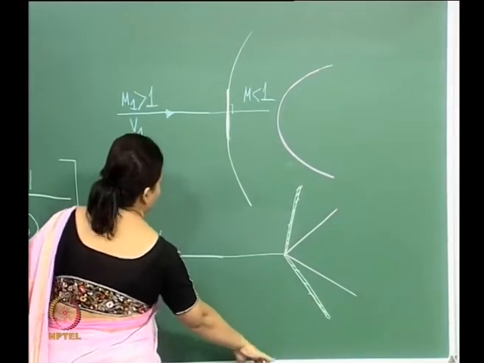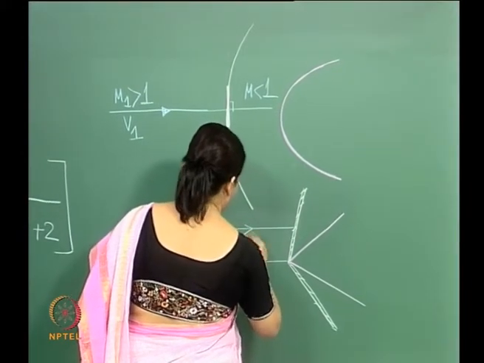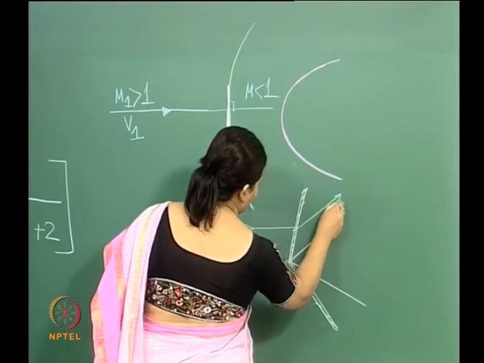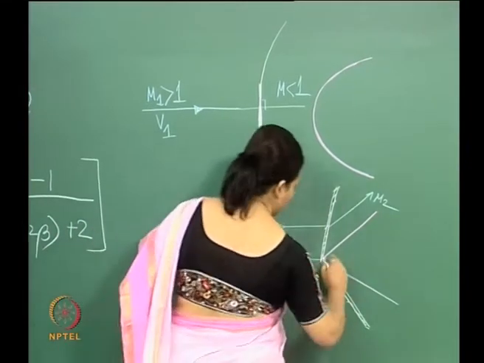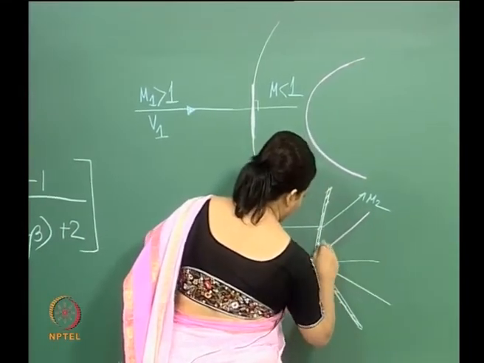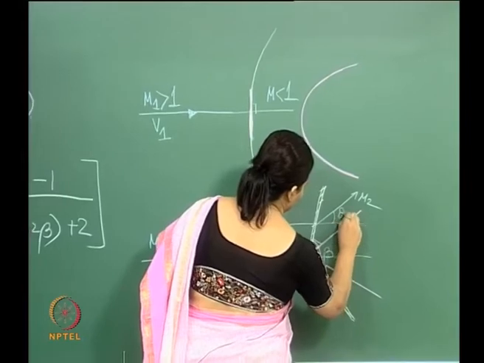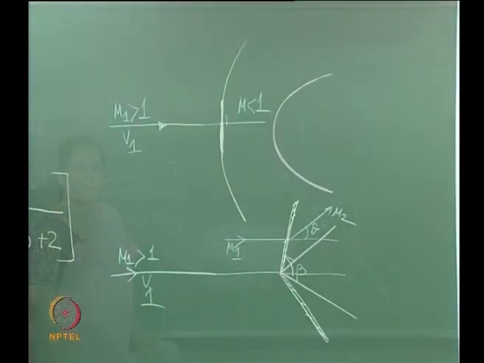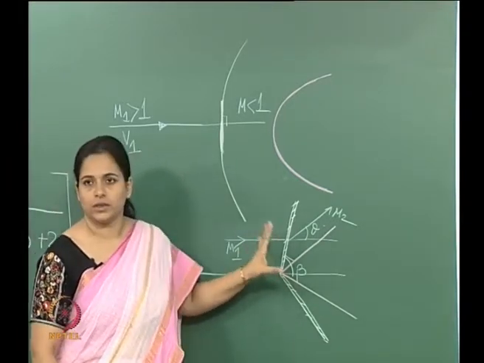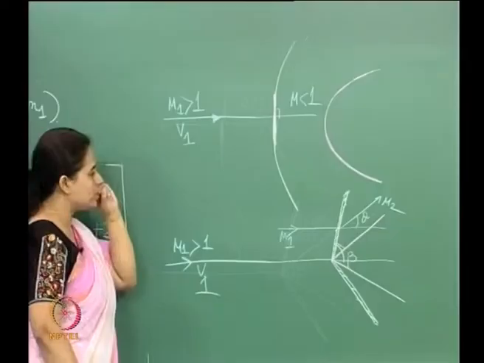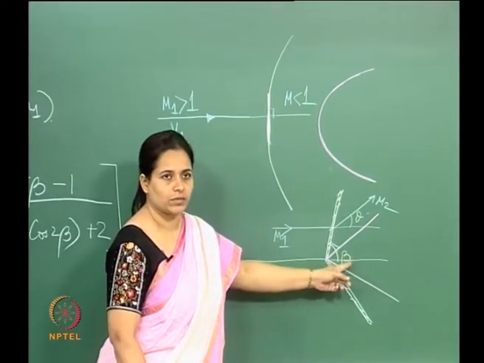So what we are essentially trying to calculate over here is that this is my M1 and this is my M2, and this is an angle which I'm calling beta, and this is an angle I'm calling theta. So essentially if my shape of the body changes, then this is the kind of structure that we're going to see.